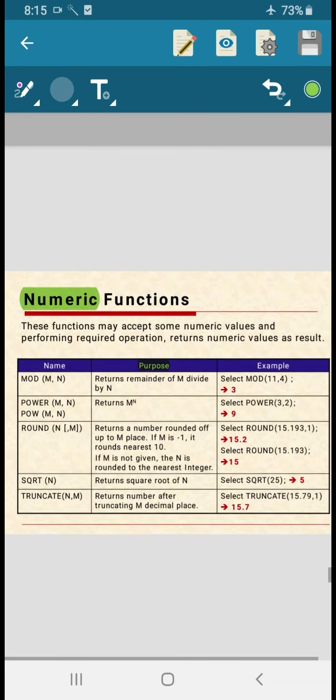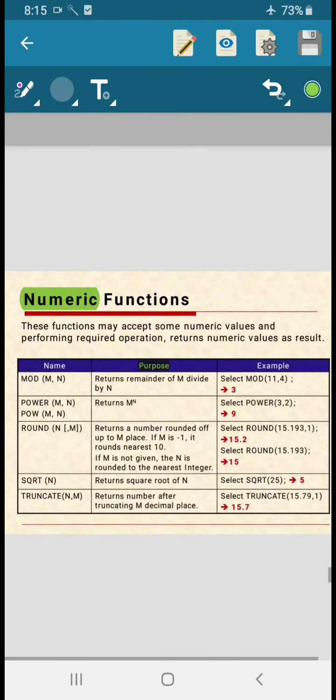First, we will check the names of the functions. There are a few functions: mod, modulus, power or POW, round, SQRT, truncate. These are the different types of functions. One by one we'll explain in detail.